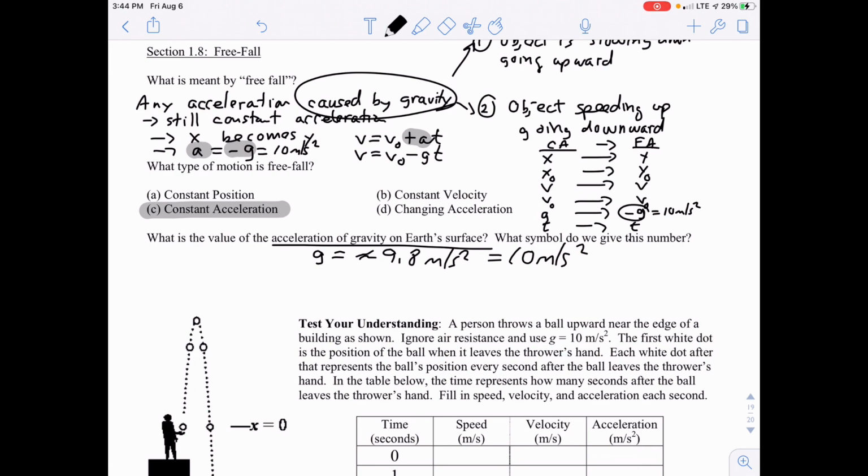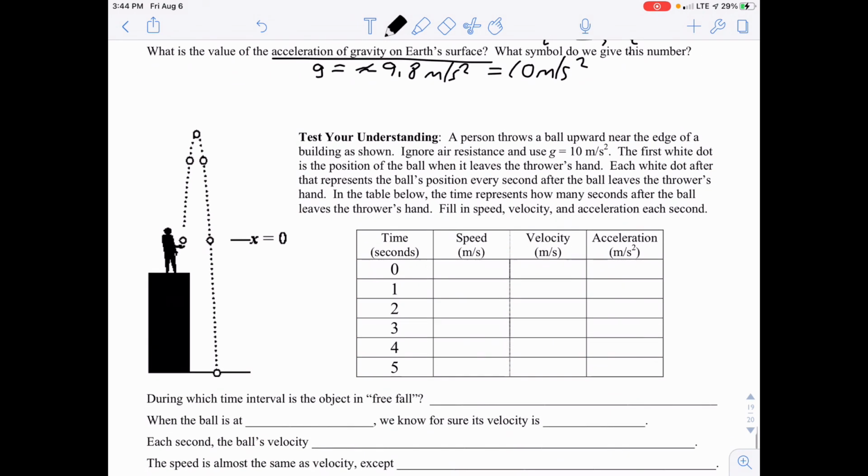Okay, so what we have here in this test your understanding: a person throws a ball upward near the edge of a building as shown. Ignore air resistance and use g equals 10. The first white dot is the position of the ball when it leaves the thrower's hand. Each white dot after that represents the ball's position every second after it leaves the thrower's hand.